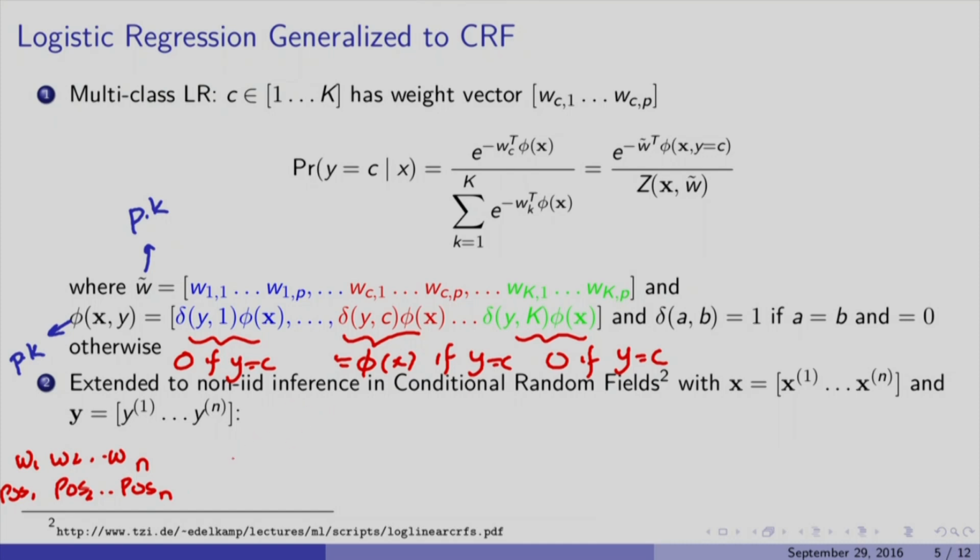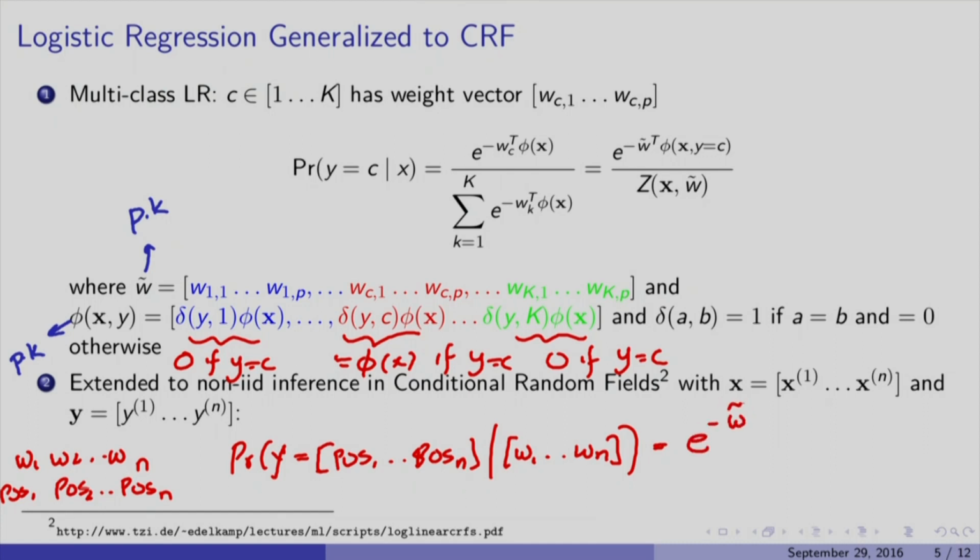This can be modeled by looking at the probability that y is a particular part of speech tag sequence given the word sequence w1 to wn as follows: e raised to minus W tilde transpose phi, the W vector comma the specific pos vector, divided by Z of the word vector with the weight vector.